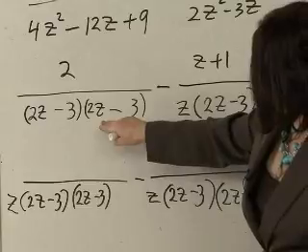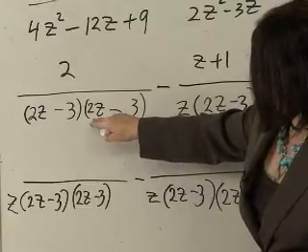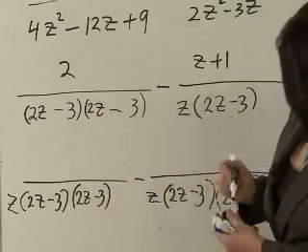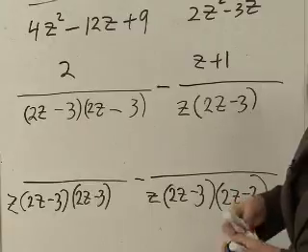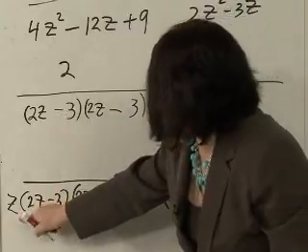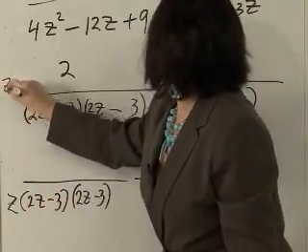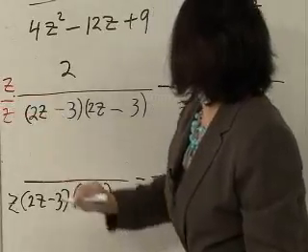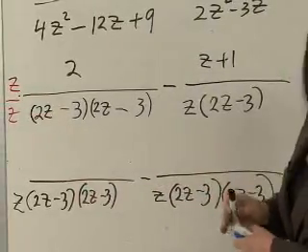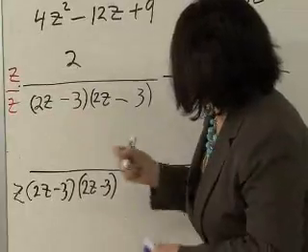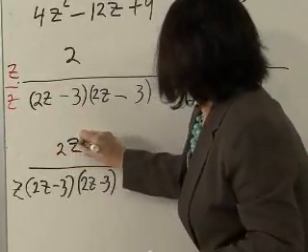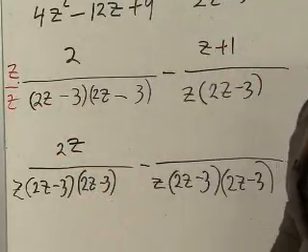So I look at my denominator and say, well, what is missing here? Do I have the LCD? And you will probably notice that this doesn't have that z. So you need to multiply top and bottom by z. And when you do that, then you go 2 times z is 2z. And the denominator is what you got, the LCD.